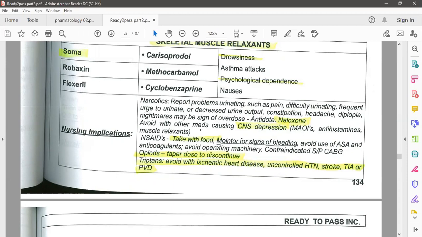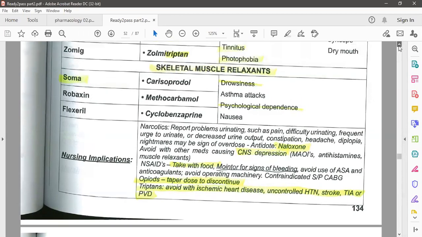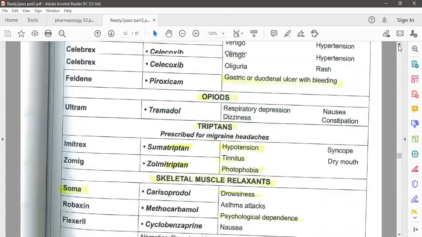Avoid other medications that cause central nervous system depression, like monoamine oxidase inhibitors, antihistamines, or muscle relaxants. Every piece of information here is very important for the NCLEX board exam.